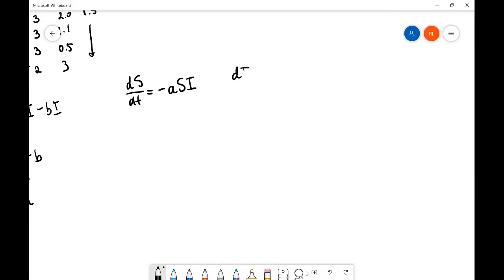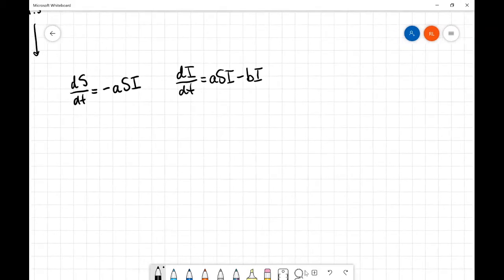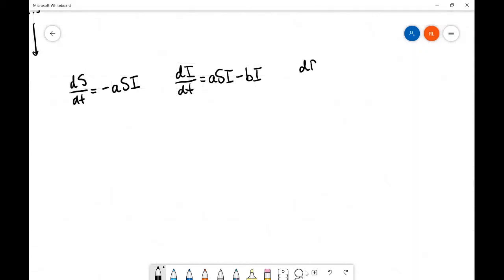We had dI/dt is equal to aSI minus bI. And dR/dt is equal to bI. Now all we have to do is replace all of these quantities with their respective counterparts. Big S is equal to little s times N, right?